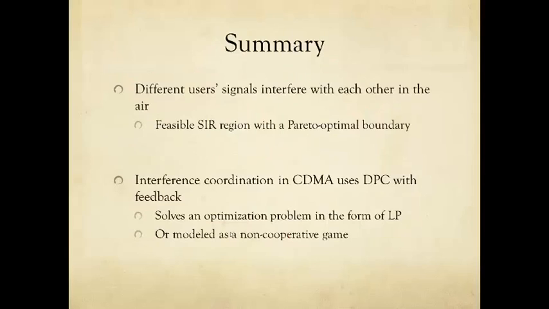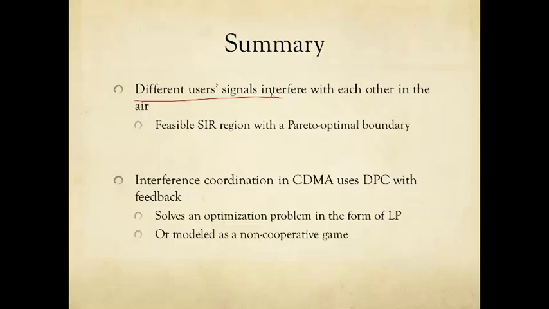Well, every lecture will conclude with a summary slide. And in today's summary slide, we want to highlight two things that we learned in this very first lecture of the course. One is that different users' signals interfere with each other in the air. And that happens in all wireless communication.